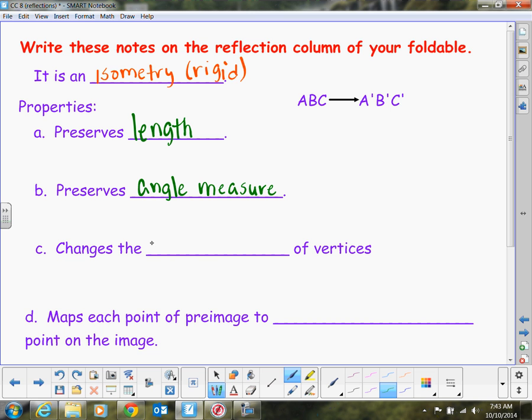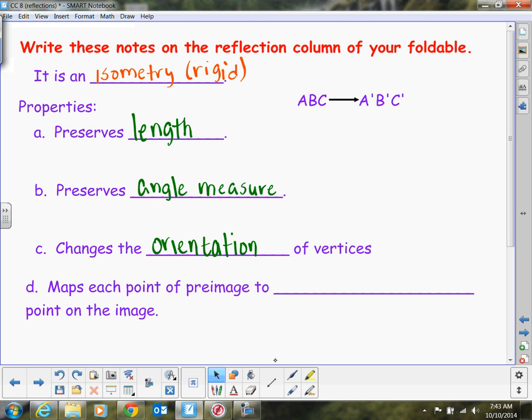It will change the orientation. One's going clockwise, the other one will go counterclockwise. It maps each point of the pre-image to only one point on the image.